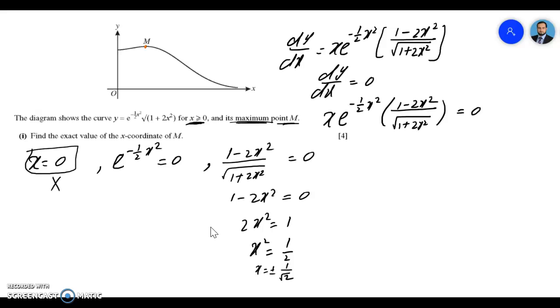From here we get two values, x equal to negative 1 over root 2 or x equal to 1 over root 2. The only possibility which is greater than or equal to 0 is this one, so x equal to 1 over root 2 is the solution, the x coordinate of M.